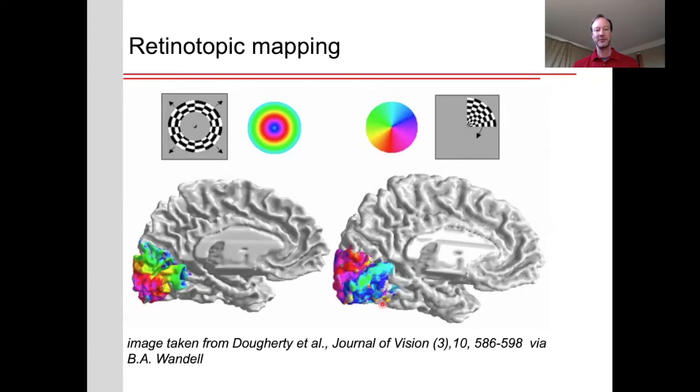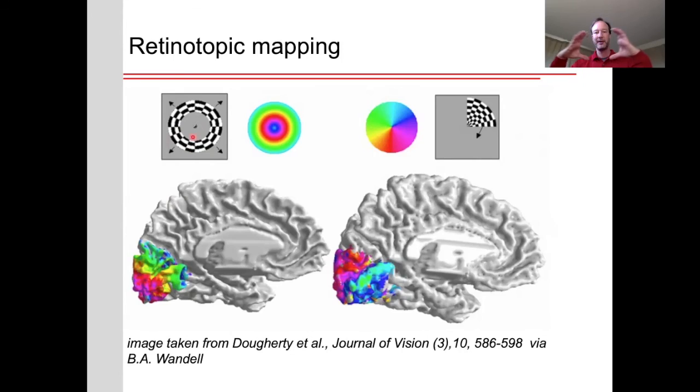So one way that this was mapped is by showing a particular stimulus, in this case, a contrast reversing checkerboard. Initially, you can show two types of stimuli. First, you can show this ring of a contrast reversing checkerboard slowly expanding, and then going back to the center and slowly expanding again. And by looking at the phase, that is the timing of the signal changes, you can find out at what time different parts of the visual cortex were activated, corresponding with when they were stimulated.